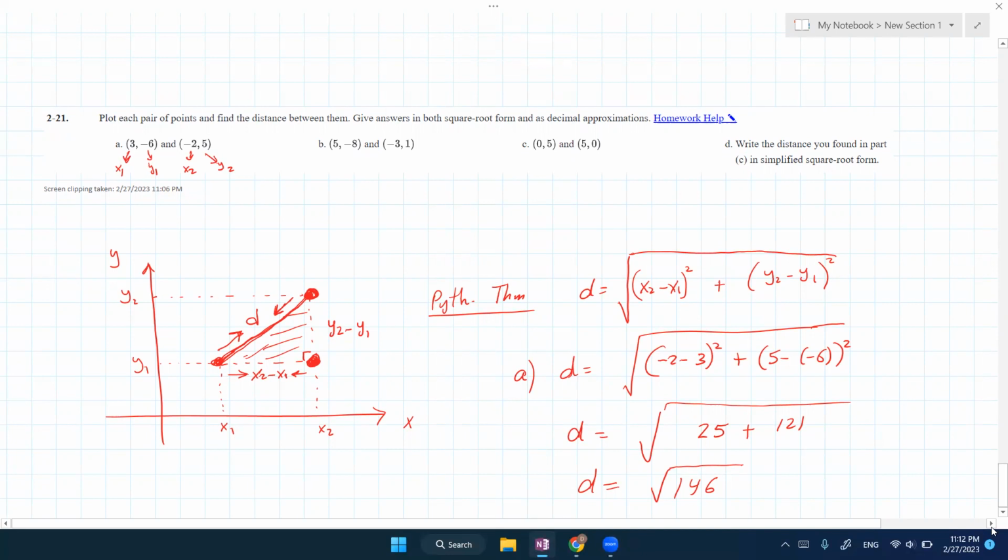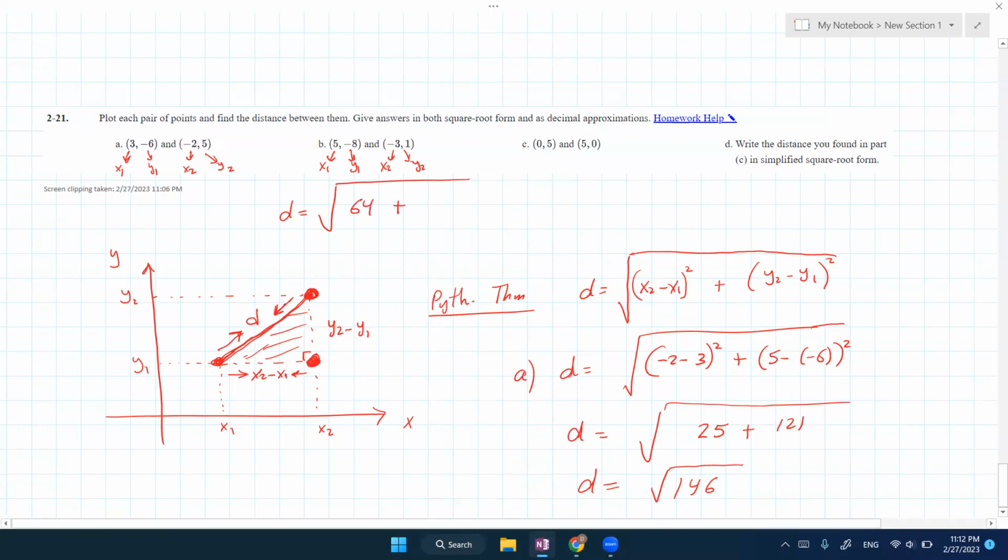In part B, we can see that this is x1, y1, x2, and y2. And then again, we apply the distance between 2 points formula. So x2 minus x1, negative 3 minus 5, that's negative 8 squared, that's 64.